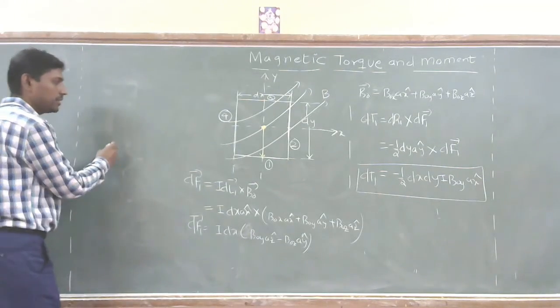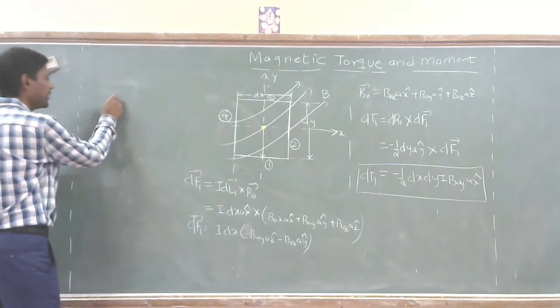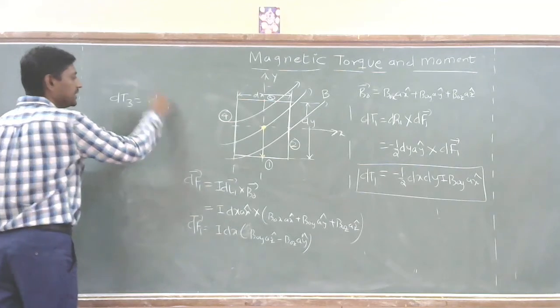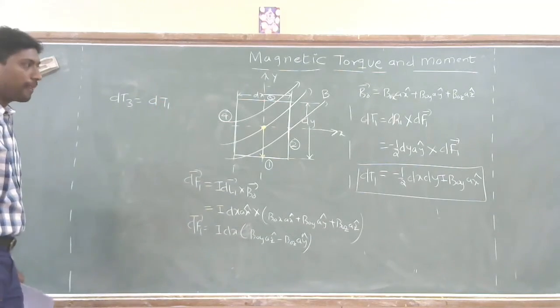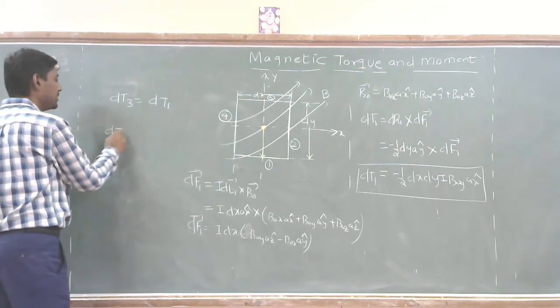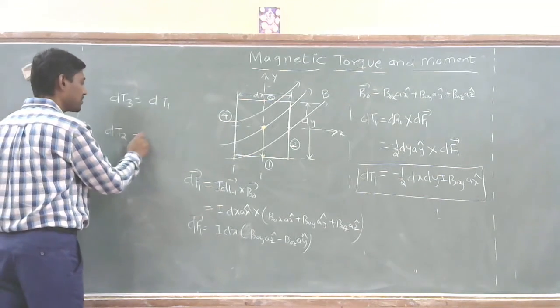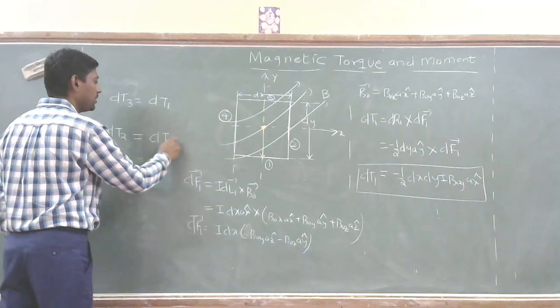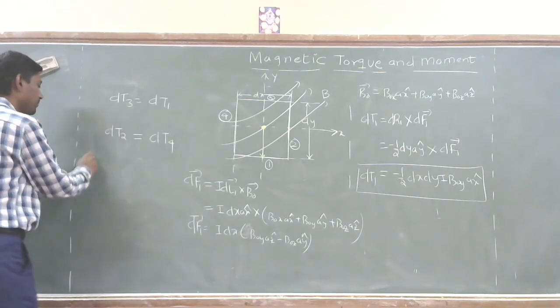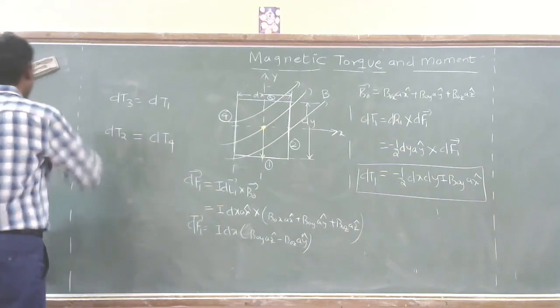So what is something interesting? You can really check that dt3 will be the same as dt1. Similarly, now you can find dt2 and you can really check that dt4 will also be the same. And what will be our total torque?